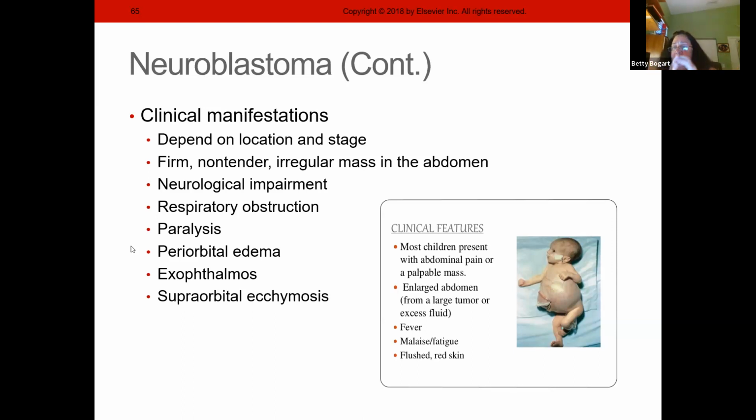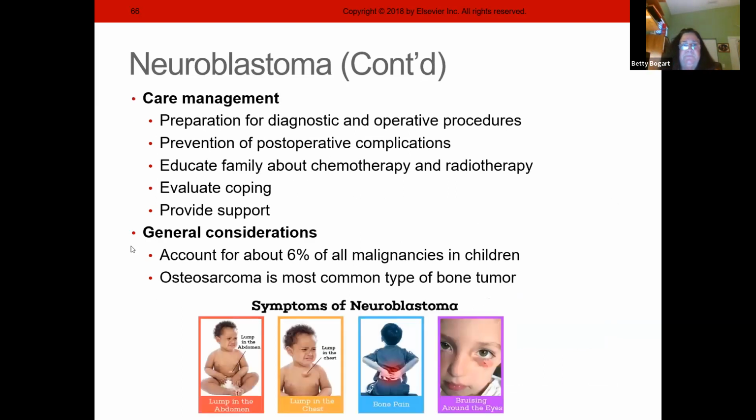Usually, you don't see it in the belly as severe as this child in this picture, but they'll start all of a sudden having neurological things. Or you might see swelling around the eyes, or the eyes being pushed out because the brain tumor is coming out there, okay? If you go in and start looking, you're going to see it's in the belly already.